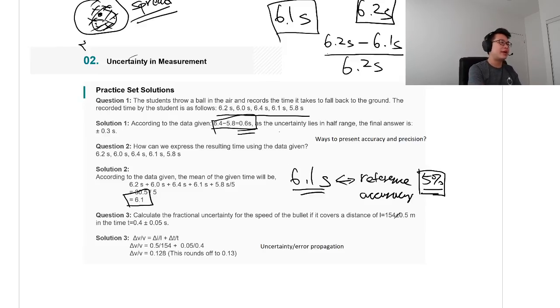From here, the spread will be 0.6 seconds, and the center point of the measurement should be equal to 6.1, and then we can represent the spread by plus and minus 0.3, because the lowest is roughly 5.8, the highest is 6.4, and the center point is 6.1. So that is plus and minus 0.3, because you can go up to 6.4 and down to 5.8. Okay, that's one way of doing that.